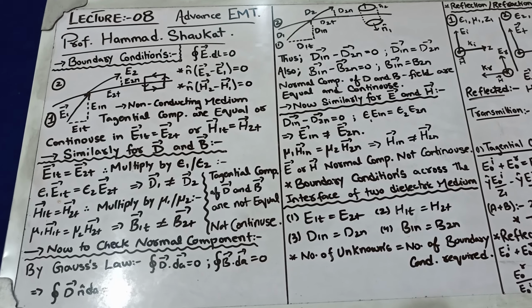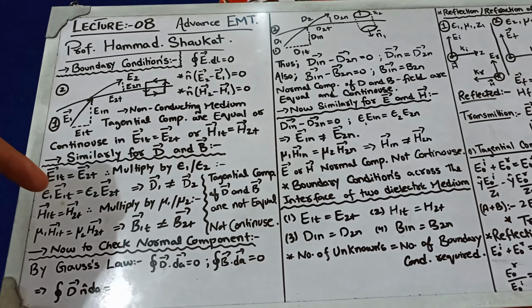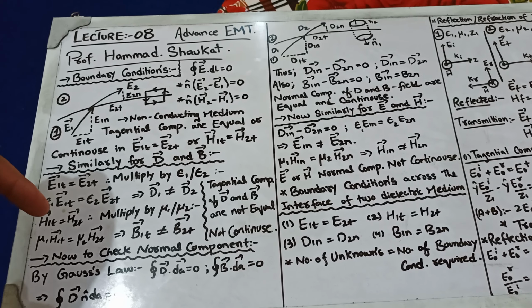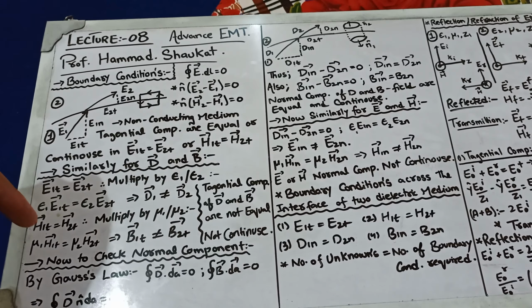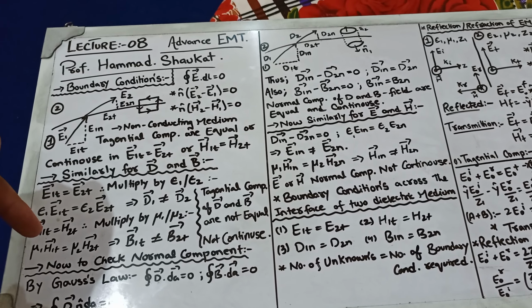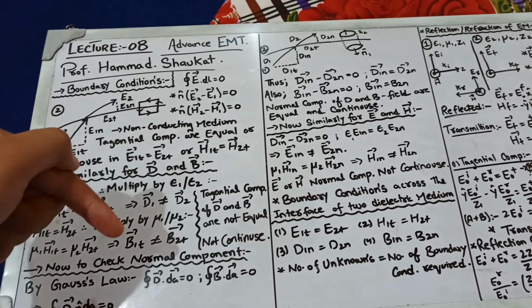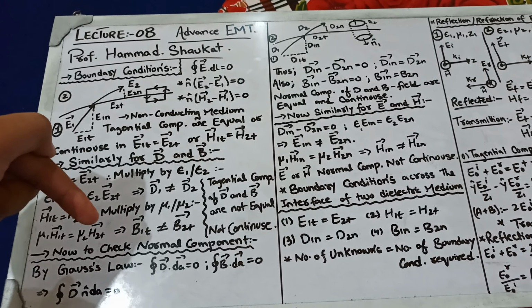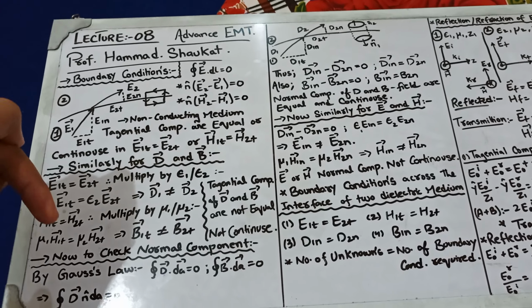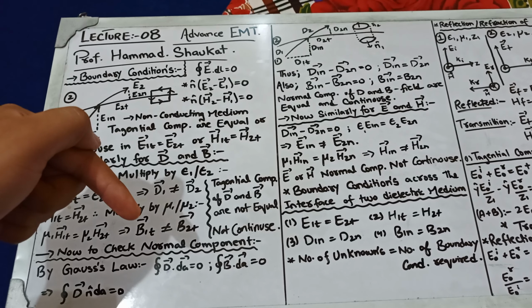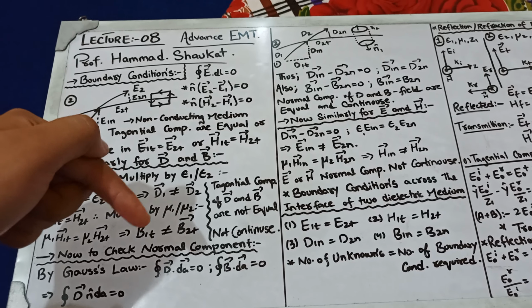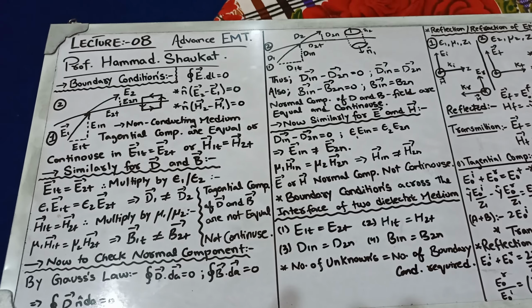Similarly for the case of H, here you have to multiply by mu1 and here by mu2, because you know that mu1 H1 becomes B1, whereas mu2 H2 becomes B2. Again you multiply here by mu1 and here by mu2. Now you can conclude that B1t does not equal B2t.